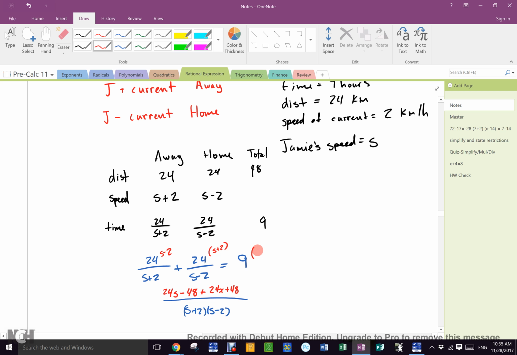And what's this guy need? The whole thing, which is s squared minus 4, isn't it? Not plus 4. Right? So what does that equal? 9s squared minus 36, yeah? Do I need any of those denominators now? Yes or no?